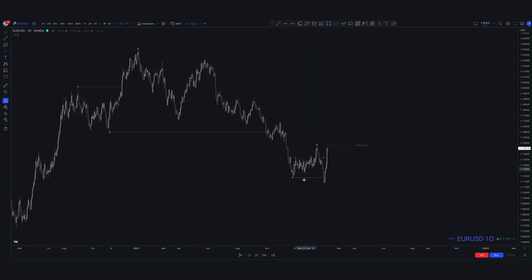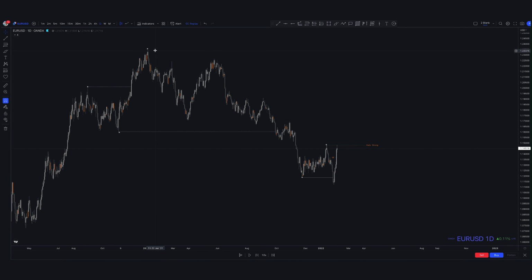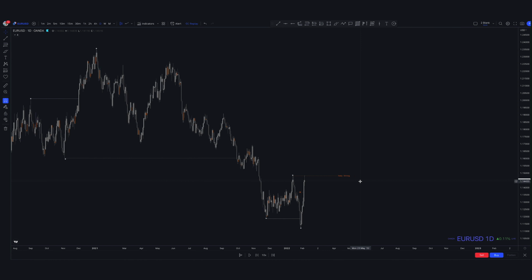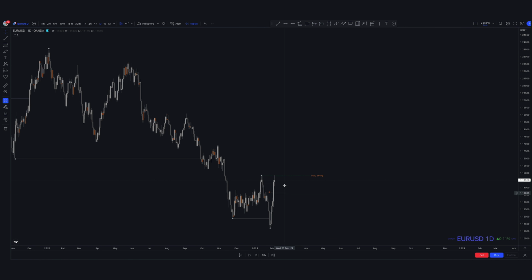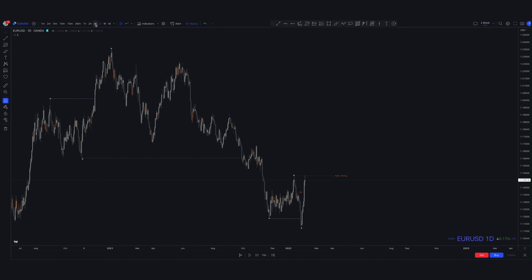But so far, because our daily is still bearish, we only had this pullback here. We had a break. We could mark this low here as our swing low now, because it was a very good pullback. So let's see what's happening on the lower time frame.